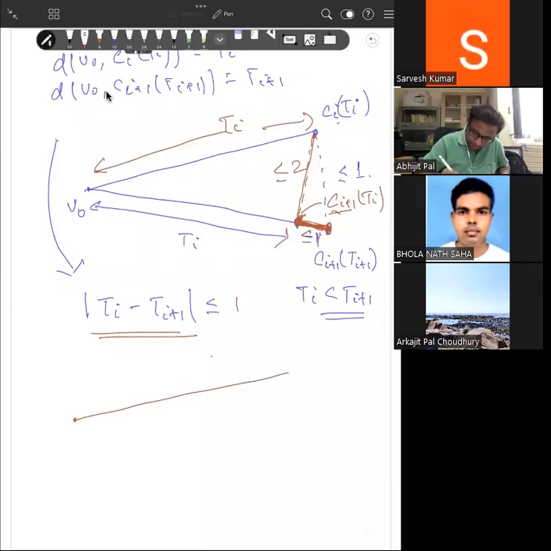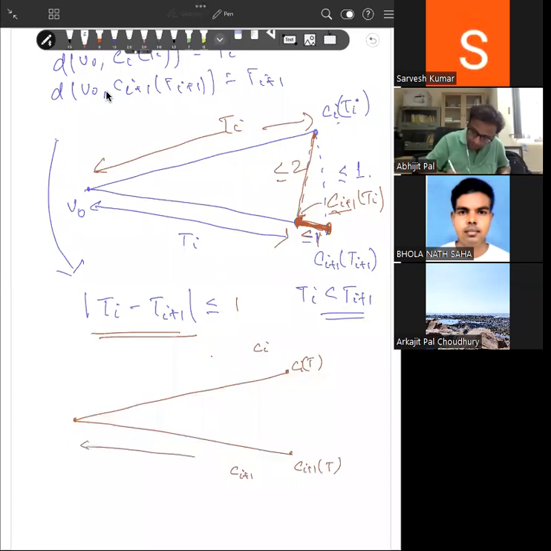So now we move to a delta hyperbolic metric space. We have these 2 geodesics, Ci and Ci plus 1, so in general it is true. Let us call these points Ci t and Ci plus 1 t.